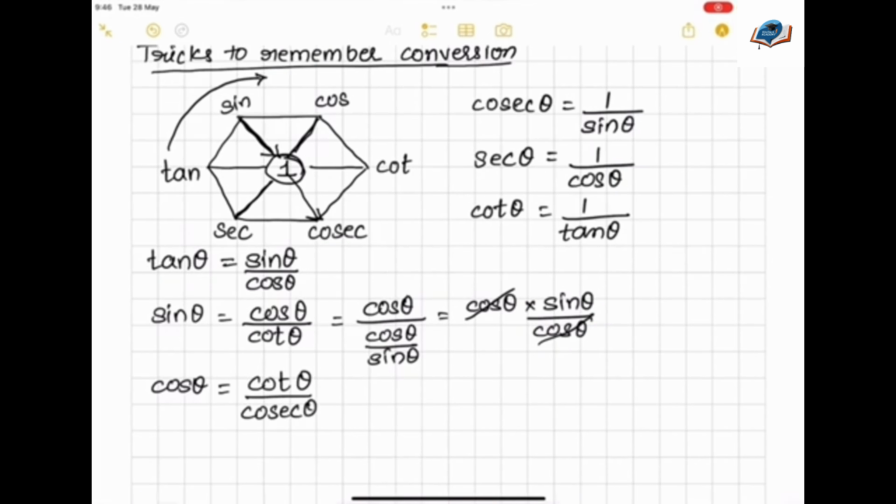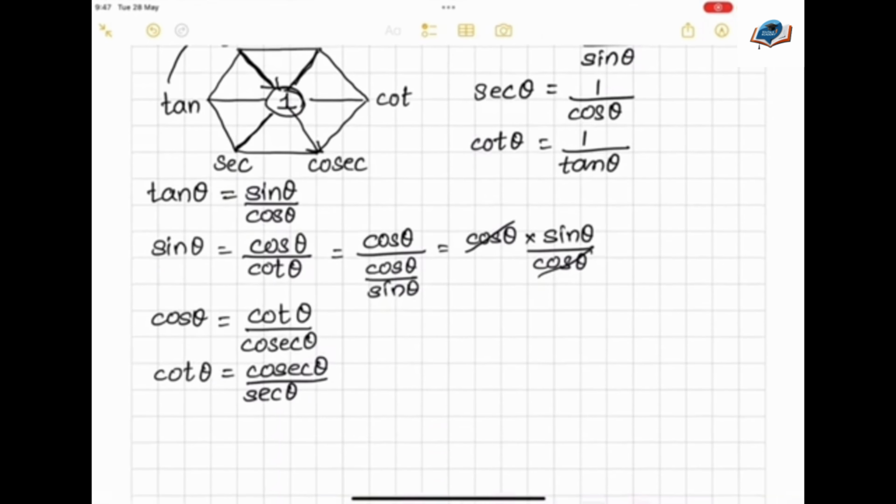If I go clockwise, I will get one pattern of formula, that is cot theta will be equal to cosec theta upon sec theta. Sec theta equals tan theta upon sine theta.